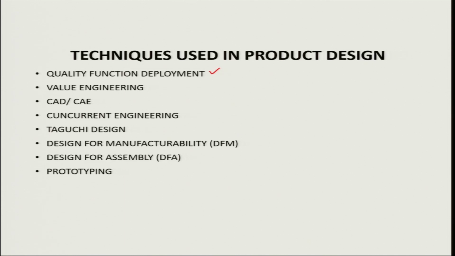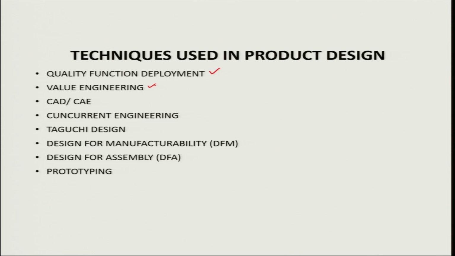The second important technique which we are going to study, which is very old and was developed during the Second World War, is called value engineering. In value engineering, the approach is called the function approach, where we try to see what function we want to achieve in the existing product or in the new product. Our whole discussion, creativity and product development revolve around the function.